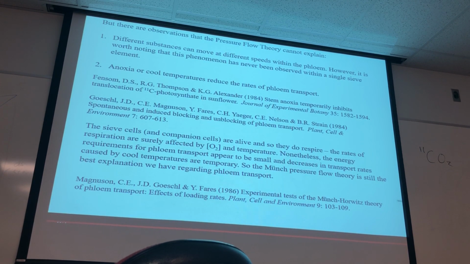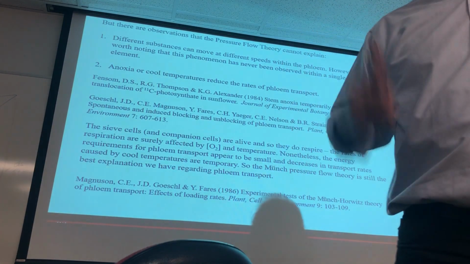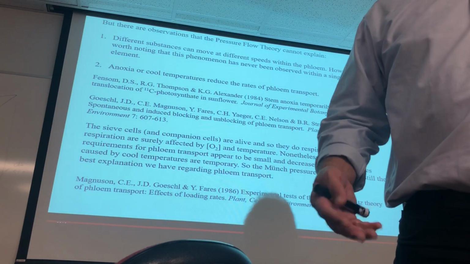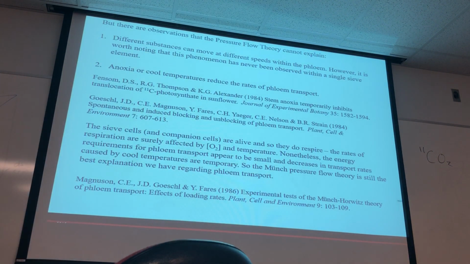The problem is 11CO2 has a half-life of 20 minutes. Where do you get it? You order it from Sigma? They're not going to deliver it in 20 minutes. Maybe Amazon with their drones, someday you can get it in 20 minutes. I need some C11. But right now, you have to make that isotope right next to where you're growing your plants to do the experiment.